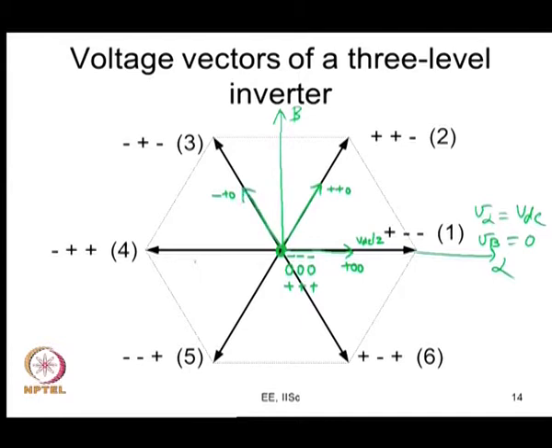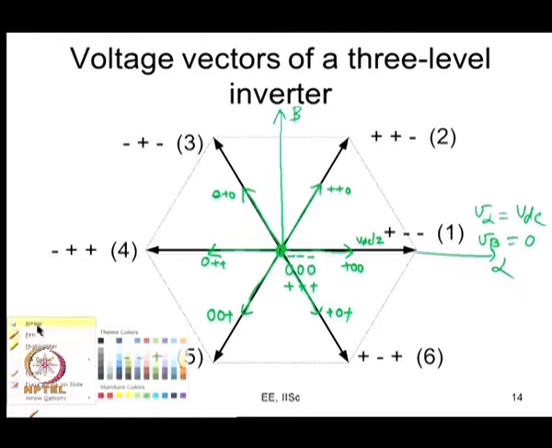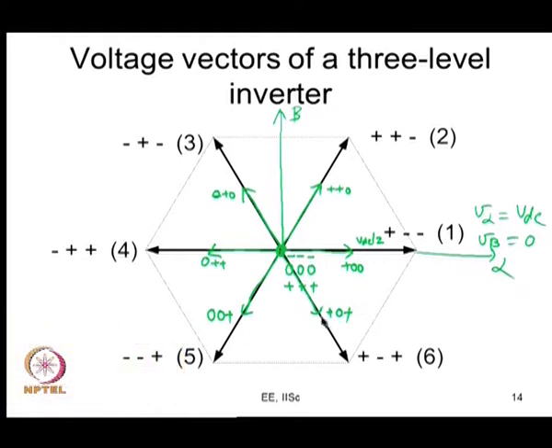Again, I am sorry, this is 0 plus 0, and here I have 0 plus plus, and here I can think of 0 0 plus, and here I can think of the state plus 0 plus. So these are 6 inverter states where the legs are connected either to plus or 0.